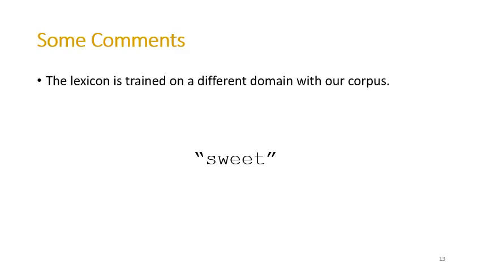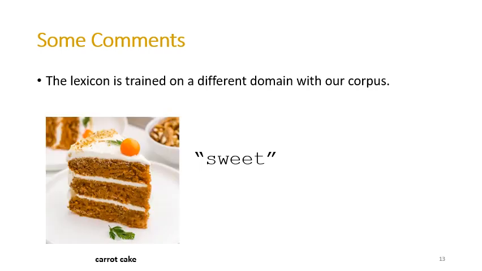Here I would like to make the comment again about being careful when you choose a lexicon and then apply it to the documents that you're analyzing, because that lexicon might be trained or created based on a different domain. So for example, let's take the word sweet.